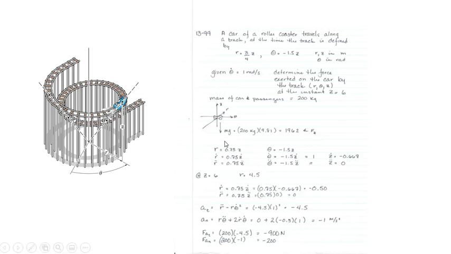So we can go through all of that, and once we know our values here, we can plug in. We know that theta dot is equal to 1, right? We're told that, which allows us to solve for our r dot and z dot.